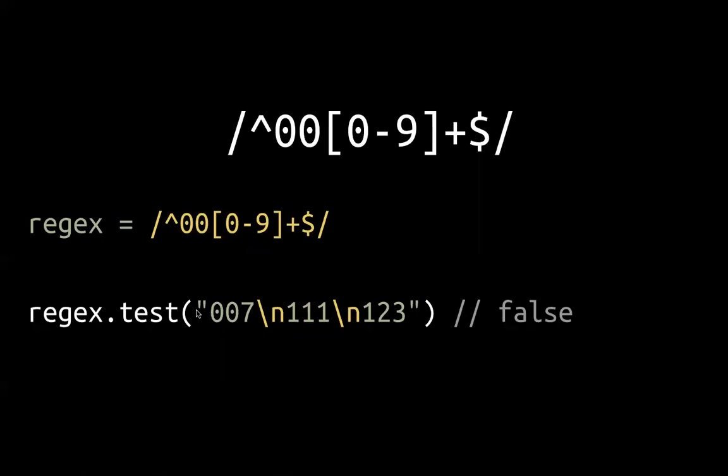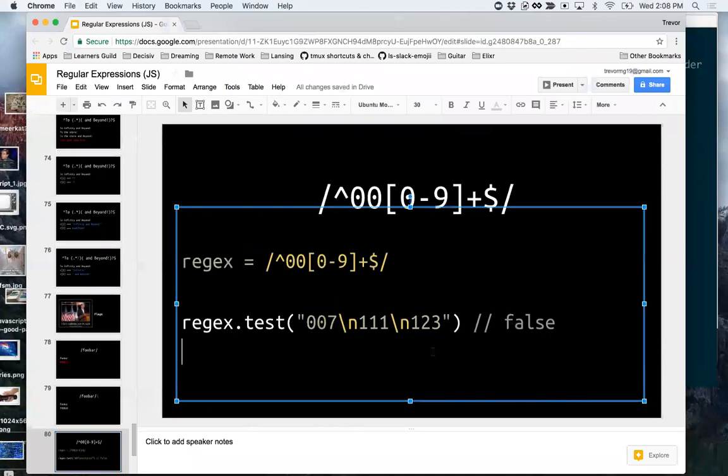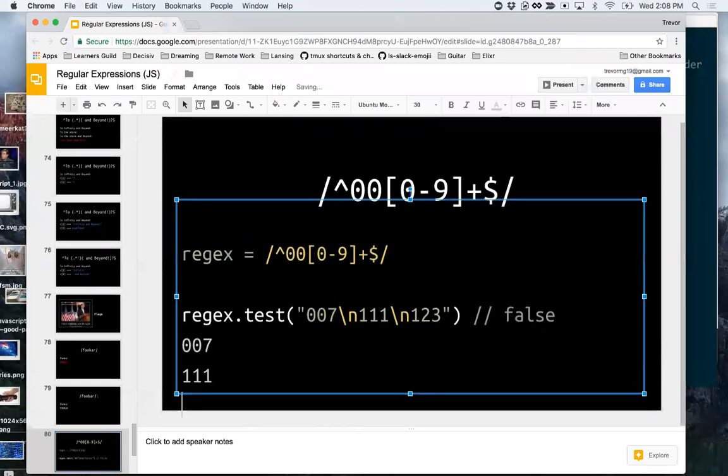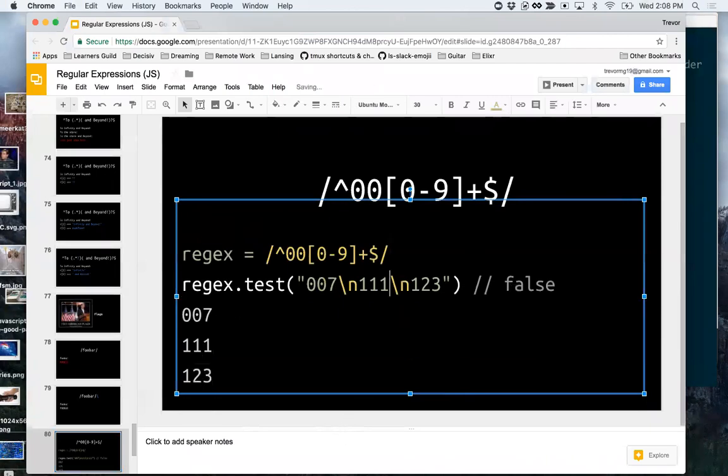The string that we're matching is actually 3 lines of text, right? So it has this new line after each set of numbers, 007, 111, 123. So if we actually printed that out, it would look something like this, 007, 111, 123. Our string kind of looks like this, right? It has these new lines in the middle.